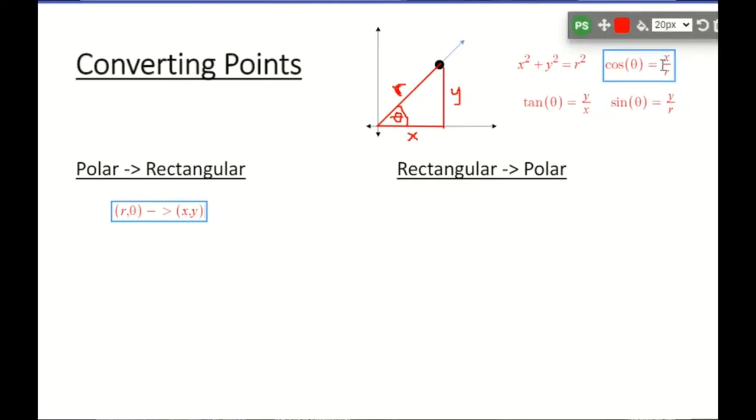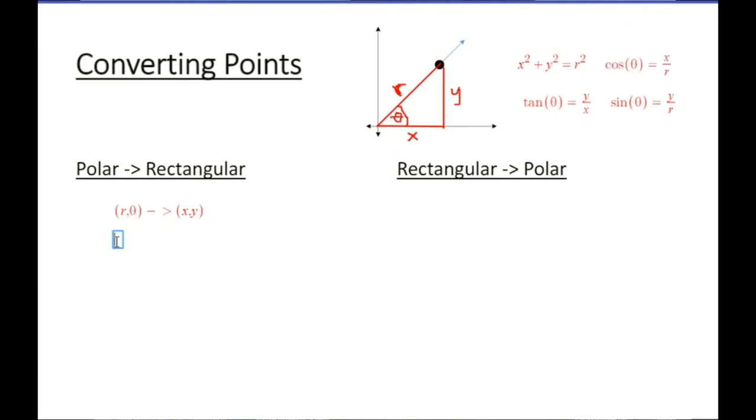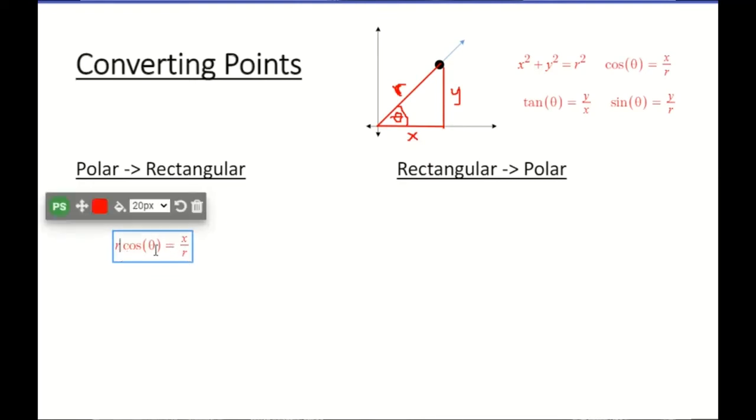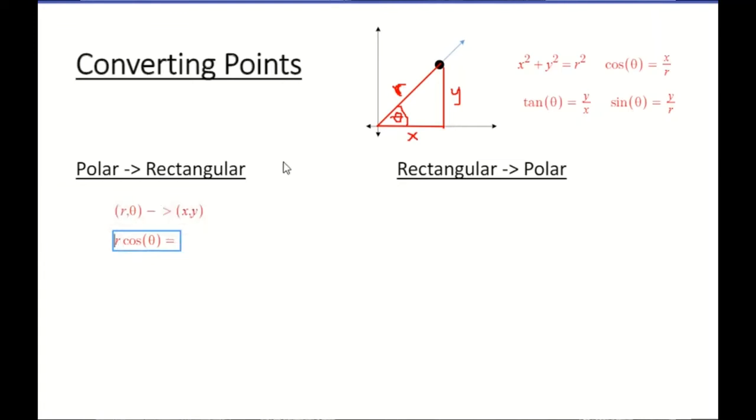So like if we solve this for x, for instance, what we would do is multiply r on both sides. In fact, let me just go ahead and copy this over here. So if we multiply r on both sides, we would have r times cosine theta equals x, right? Or if we want to make this a little nicer, say x equals r cosine theta.